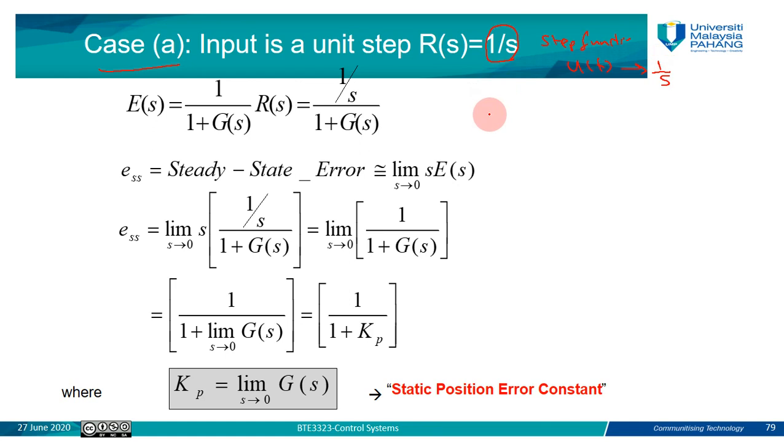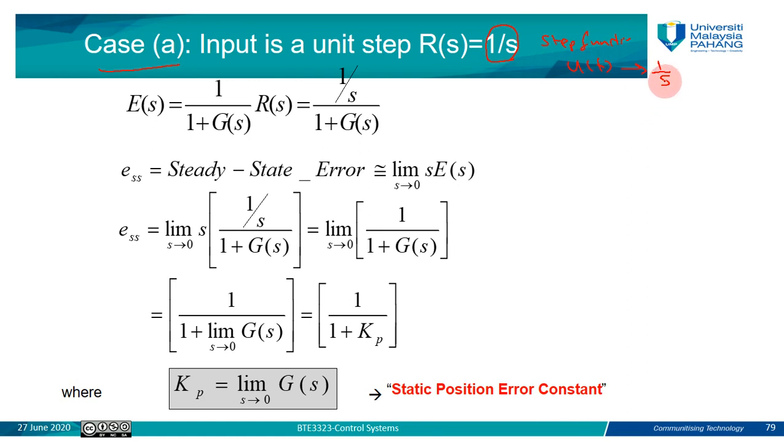If you apply a step function with 1 over s as the input to your system, you are going to increase the poles of your system by 1, because you have 1 over s. That means you will add one pole.